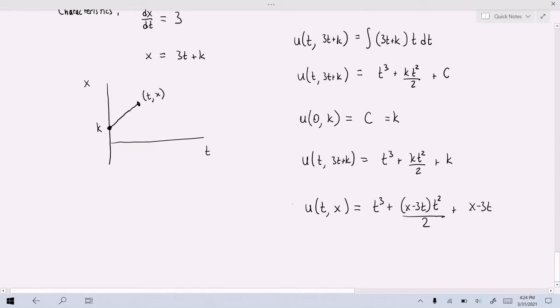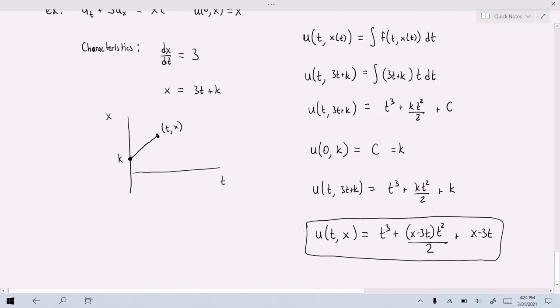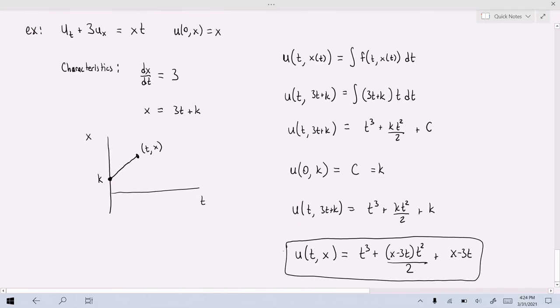And then that should be the solution to our particular initial value problem, okay? So that problem was slightly more complicated because I made the right-hand side a little bit more complicated. So we actually had to do a bit more integration than usual this time, okay?